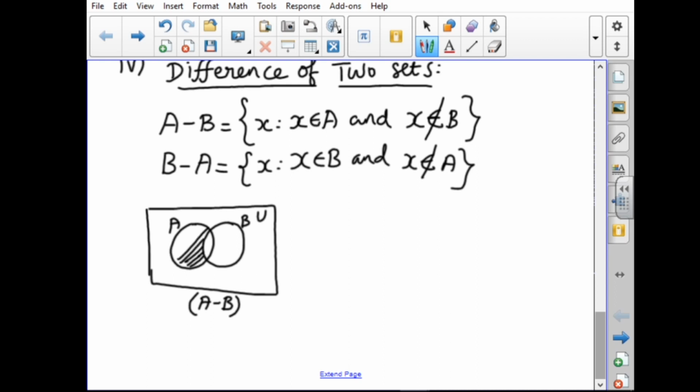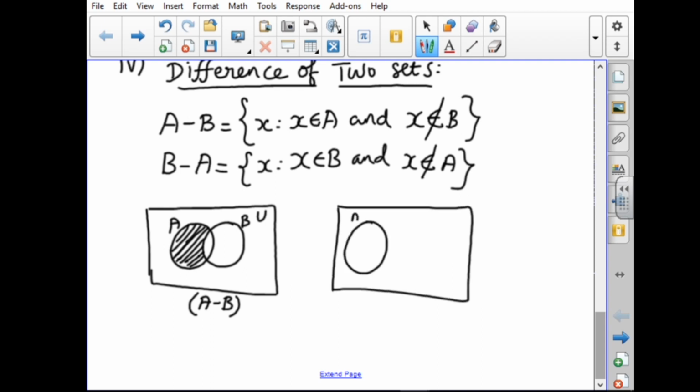This shaded part is A minus B. Similarly for B minus A, A set and B set are overlapping, and this is a universal set. B difference A means the set of all elements in B but not in A, so in B set except the A set, it's called B difference A.